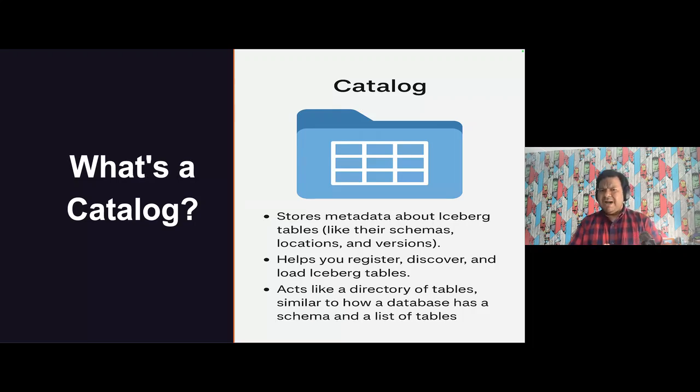Then you have an open catalog which comes from Snowflake. The open source version is called Polaris catalog, and this is a REST-based catalog where you have to make a REST call to update your catalog. The beauty of this open catalog is that it can work with multiple different engines.